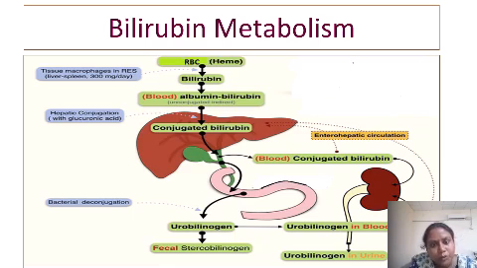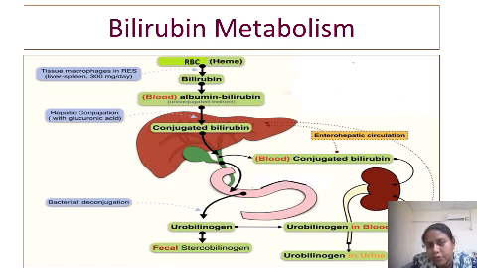So as we know, bilirubin is the end product of heme catabolism. Bilirubin is formed in the reticuloendothelial cells of spleen and bone marrow, which is water insoluble. This water insoluble bilirubin will bind with albumin and reach the hepatocytes of the liver. There it gets conjugated by the hepatic conjugation system.